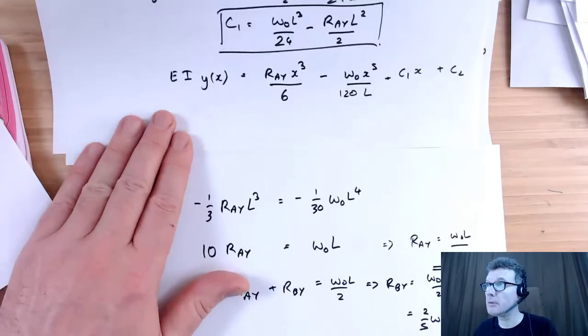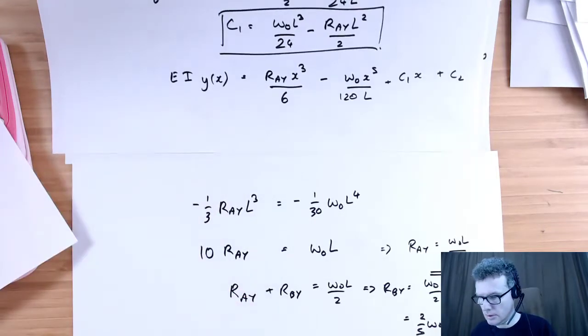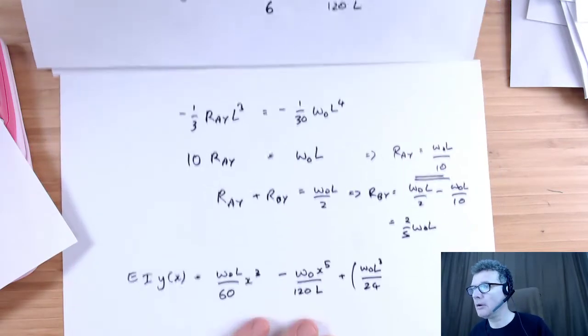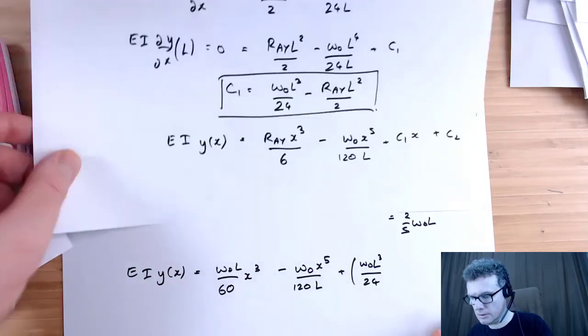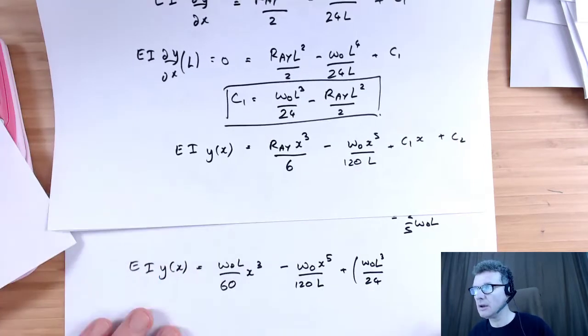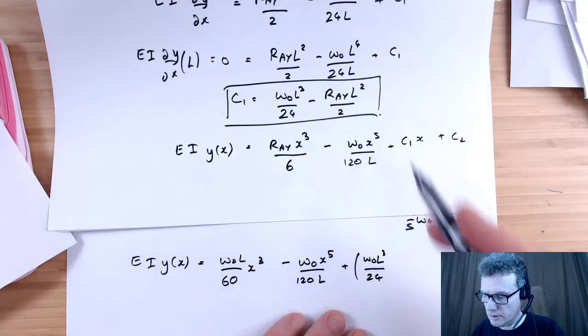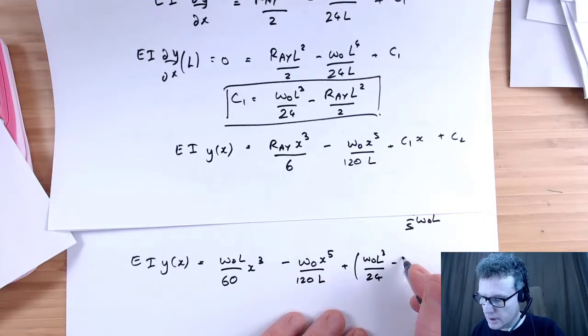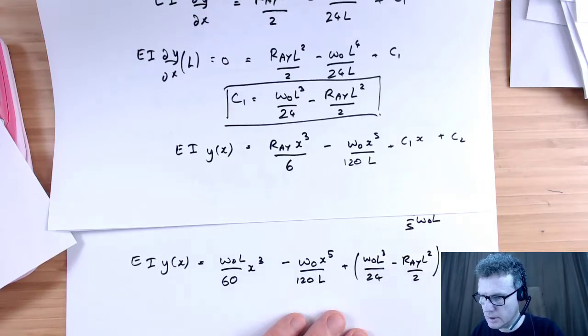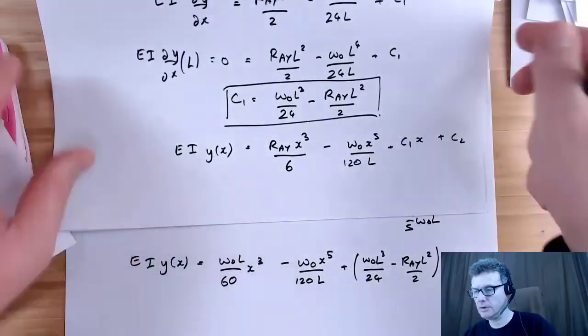Can we see it? Let's bring it into shot. Okay, you can't see me doing this stuff here. Okay, that's that. So we're now doing C1 there, take away RAY L squared over 2 times by x, and C2 I'm fairly sure was 0, wasn't it?